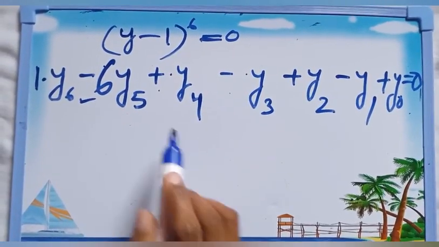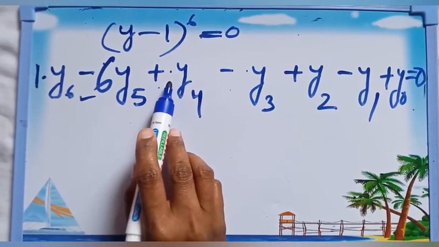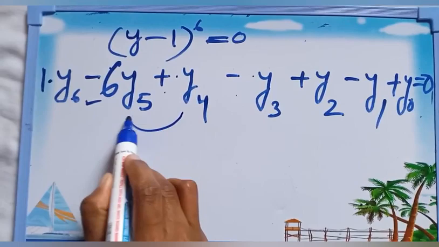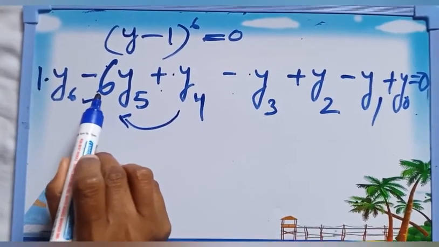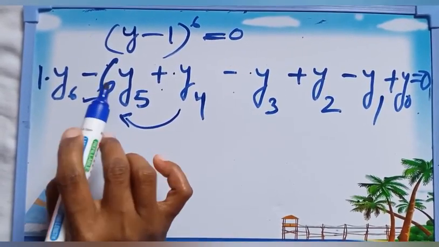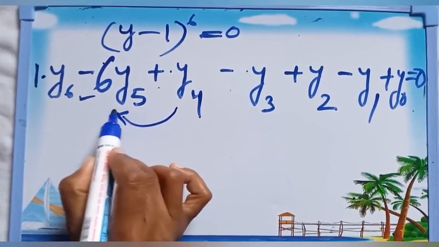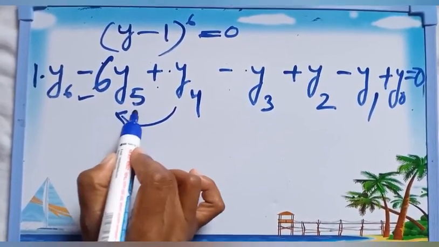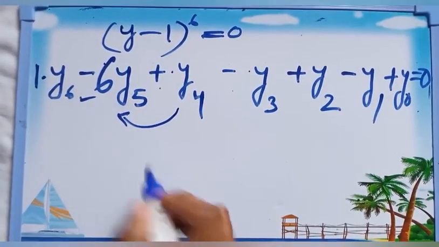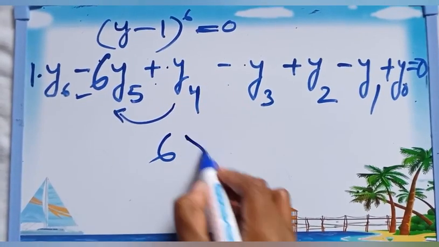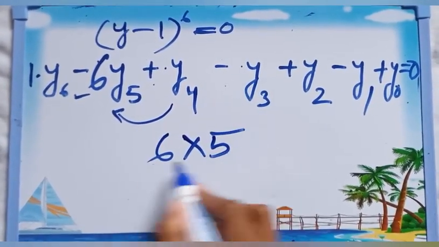In the same way, you have to write the y4 coefficient. How do you write it? We have to follow the same rule. What is the rule? Previous coefficient into previous subscript divided by previous rank. What is the previous coefficient? Previous coefficient is 6, and previous subscript is 5.